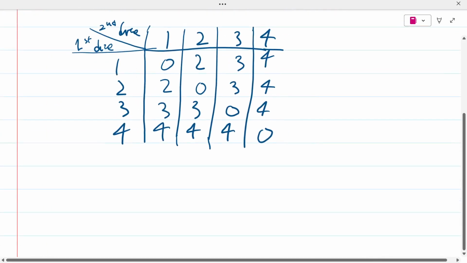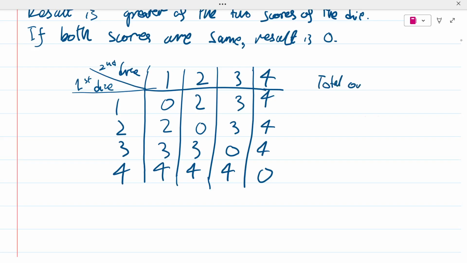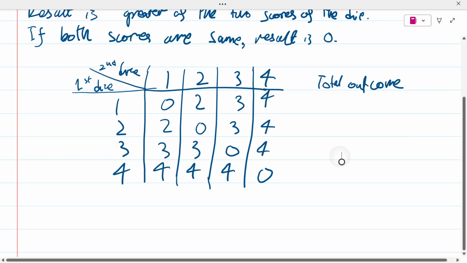There are four of them over here, and four of them over here. So the total outcomes, our denominator, would be 4 times 4, and that would be 16.